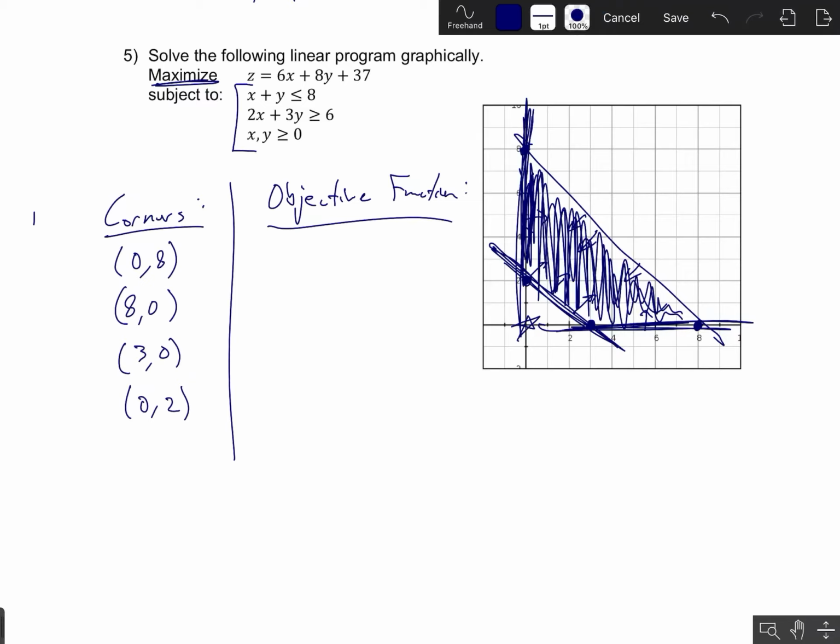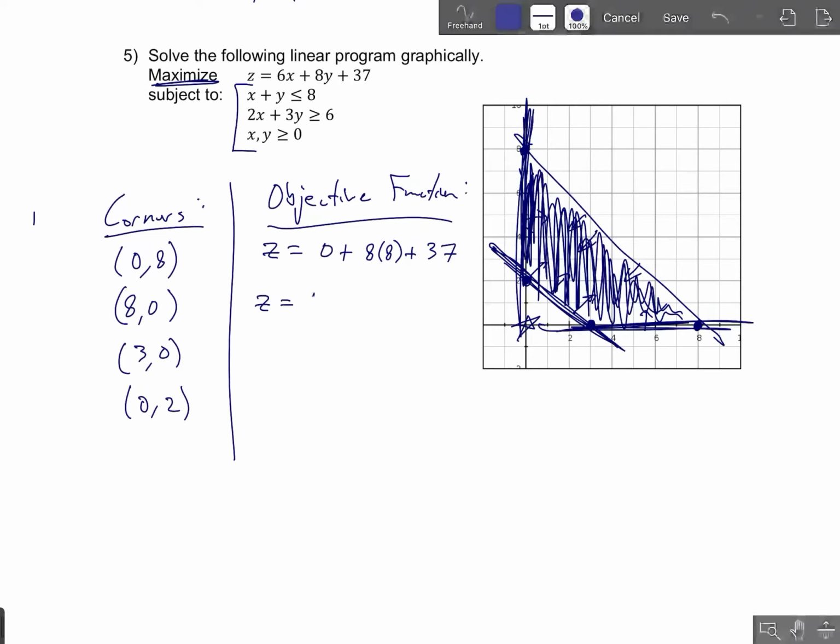And now I'm going to plug into the objective function. So if I plug in 0, 8 into the objective function, then I would get that z is equal to 0 plus 8 times 8 plus 37. And if you'd like, you can simplify that, but we actually don't really need to. We just want to know which one of them is the maximum first. So I'm not going to worry about simplifying till the end.